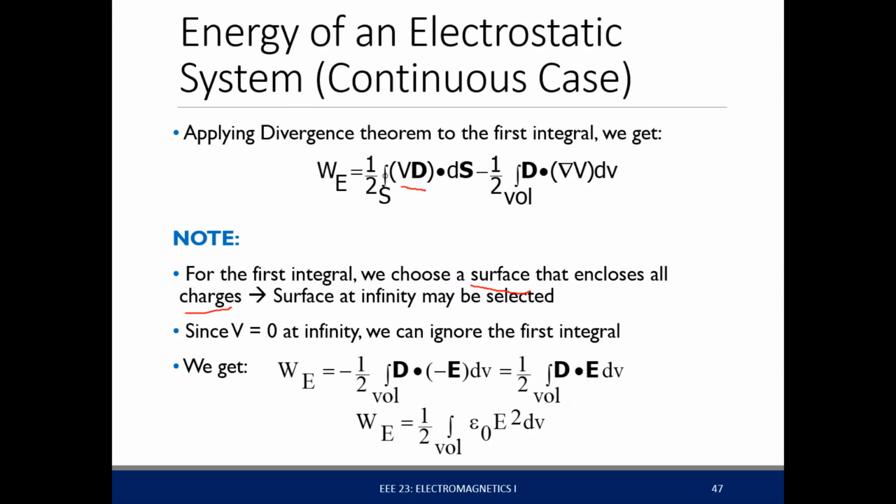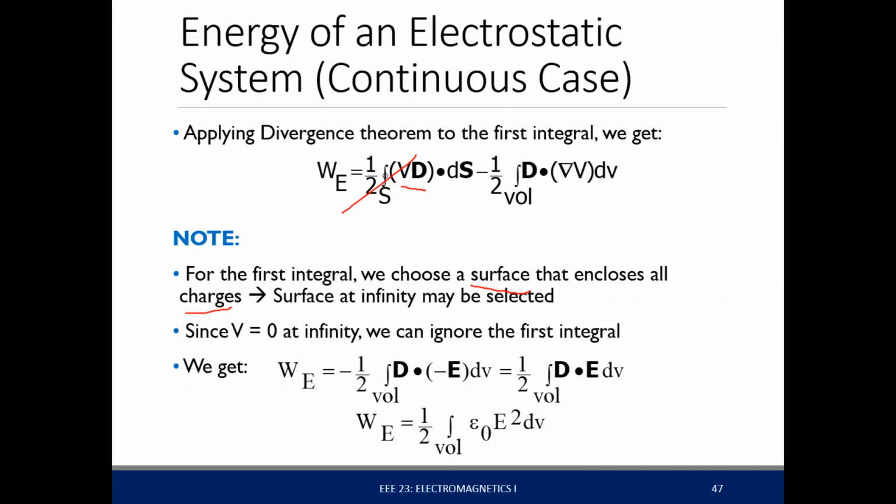So a surface at infinity may be selected. You want to enclose all charges that contribute to the potential energy in the system. Since we are going to choose a surface that is at infinity, the potential at infinity is 0. Therefore, this first integral becomes 0.